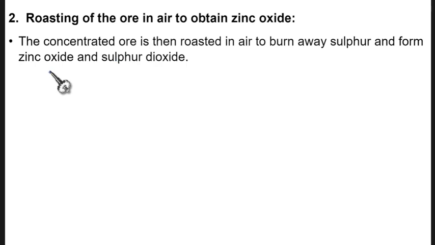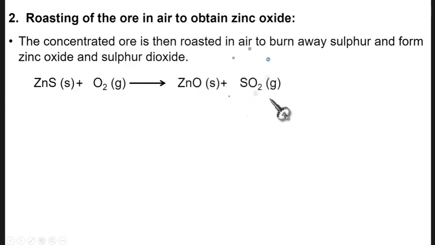All right, so this is the chemical formula here, guys. So the chemical formula is zinc blende, which is this one here, ZnS, which means a solid, then plus, meaning it is being roasted in air, which is oxygen, then now it forms zinc oxide, then plus sulfur dioxide gas.